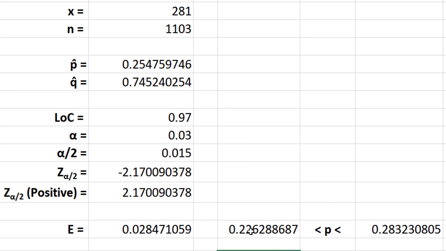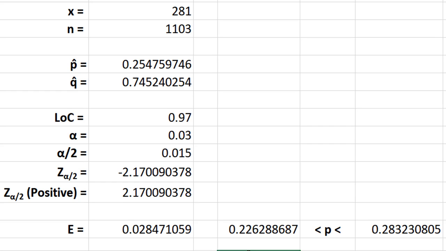If I were to interpret this result, it would mean that we can be 97% confident that the population proportion of those that believe the sun circles around the earth is somewhere between 0.2262 and 0.2832. Or you could say it as a percent.